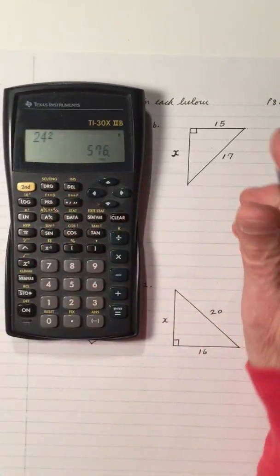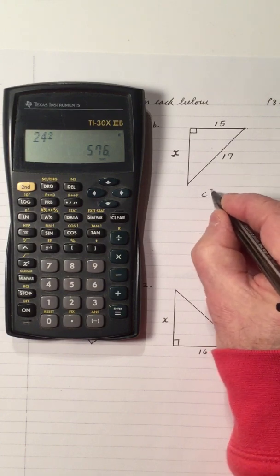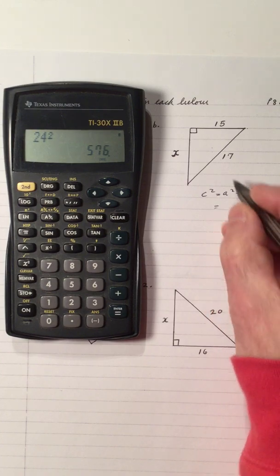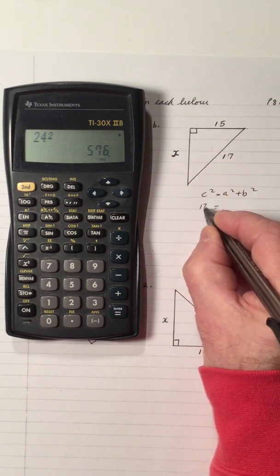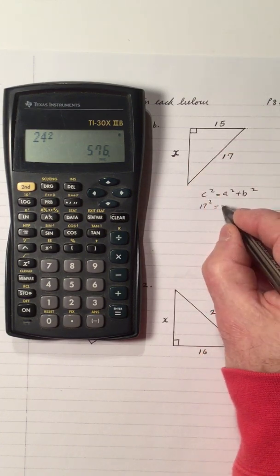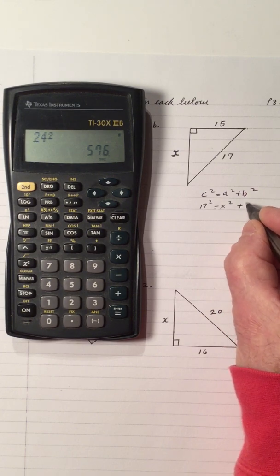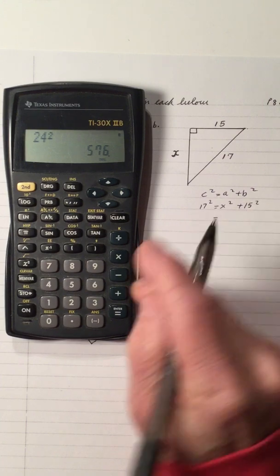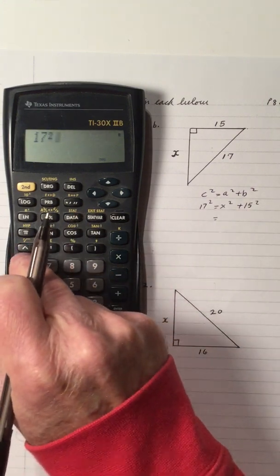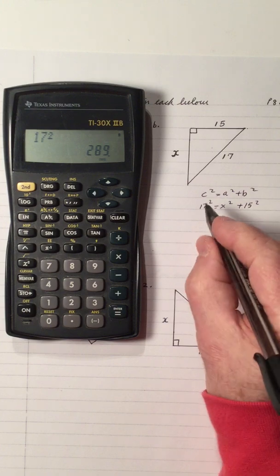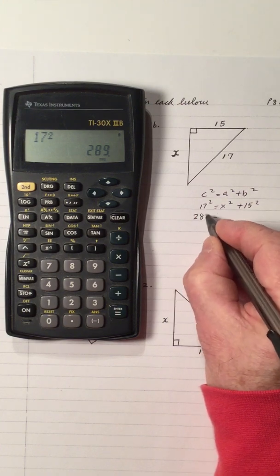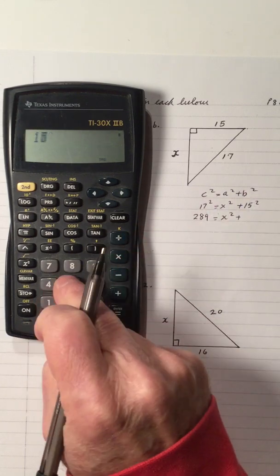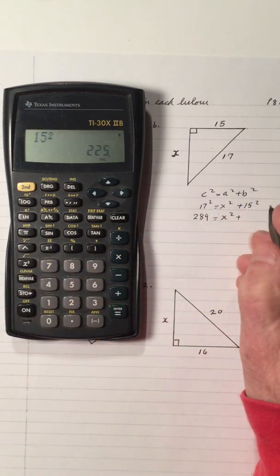Now another one. C squared equals a squared plus b squared. The hypotenuse is 17. That goes in place of c because it's opposite the right angle. X is the a and b is the 15, your choice. And we have 17 squared. 17, square button, we get 289. X squared. 15 squared is 225.